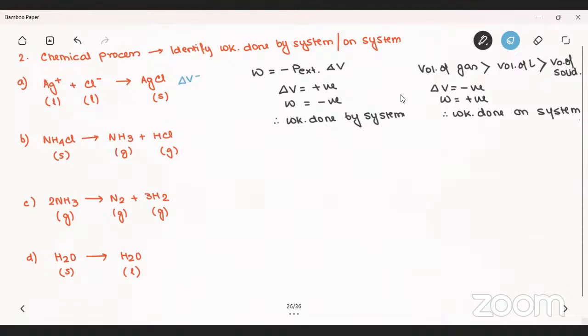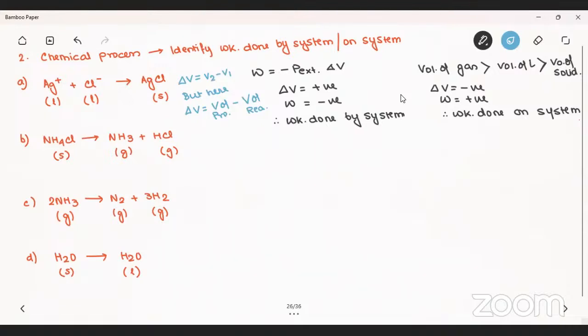Delta V in all other questions means V2 minus V1. But here, delta V means volume of product minus volume of reactant. Okay, is this part clear for this kind of sums only?